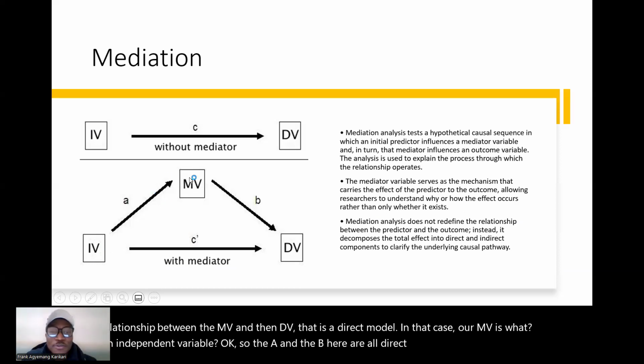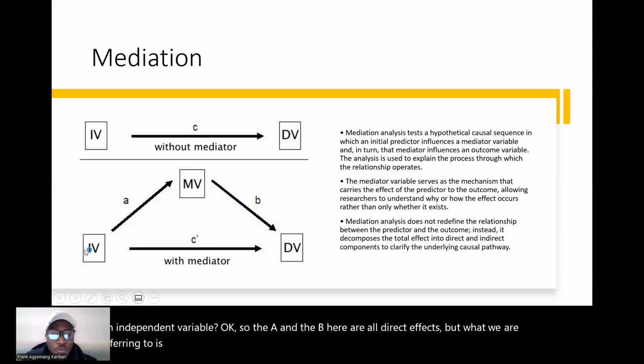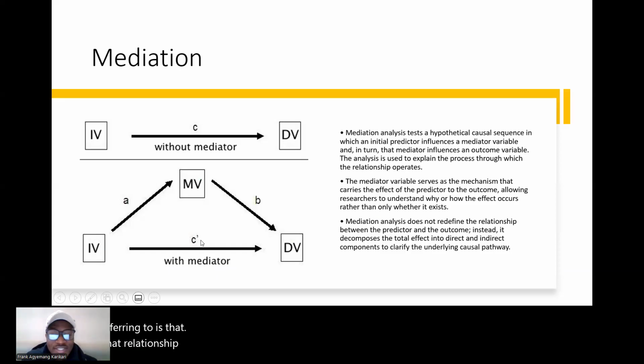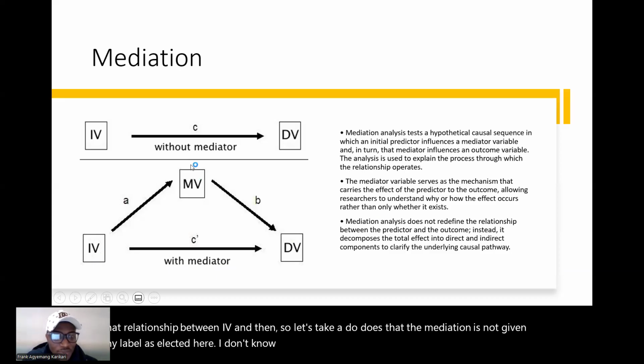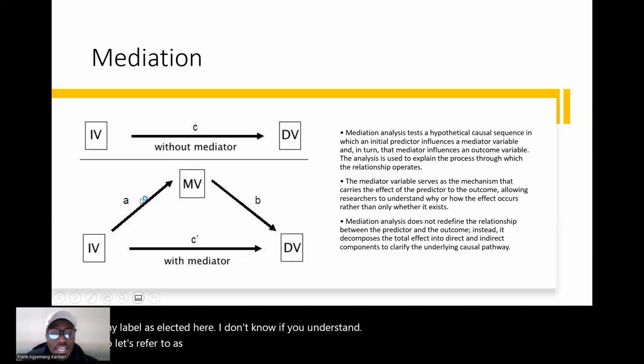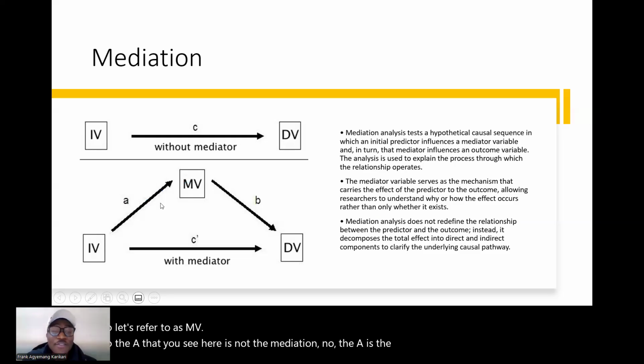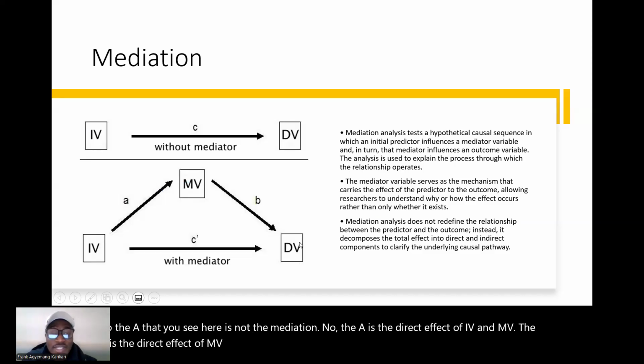Let's take note that the mediator is not given any label as a letter here, so let's refer to it as MV. The A that you see here is not the mediation. The A is the direct effect of IV on MV. The B is the direct effect of MV on DV. I hope that is clear.